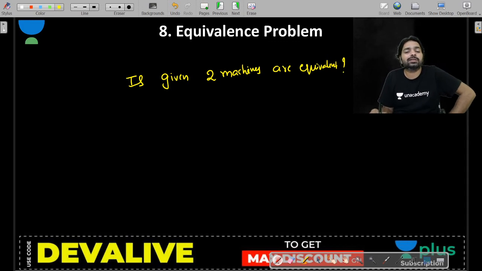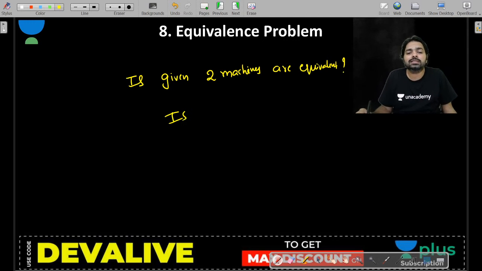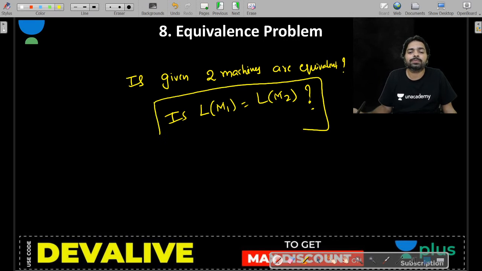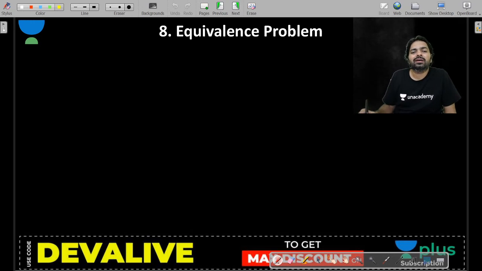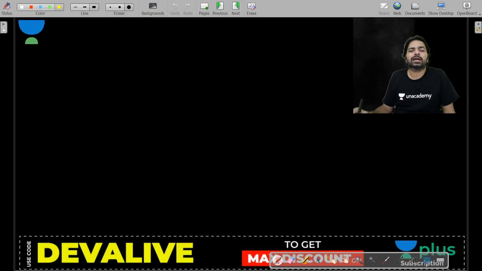I can ask, are two given regular grammars equivalent? What is the meaning of this? Is the language of M1 equal to the language of M2, if you are talking about DFAs? This is an equivalence problem, and you can apply it for all types of machines.